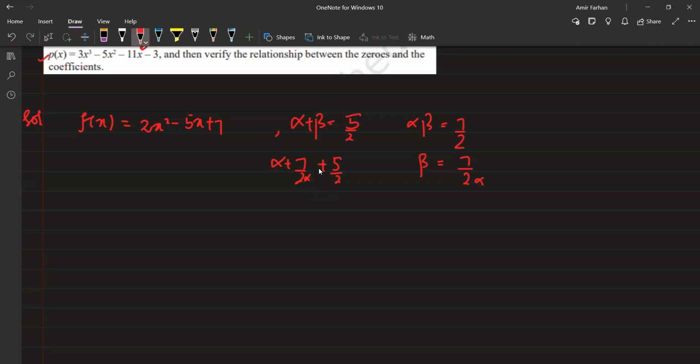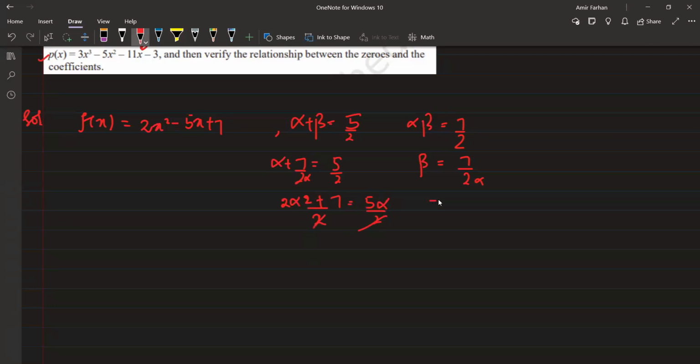So what will it become basically? This is another method which I'm telling you right now. This will be 2 alpha square plus 7 equals 5 alpha, divided by 2. So 2 will cancel out.